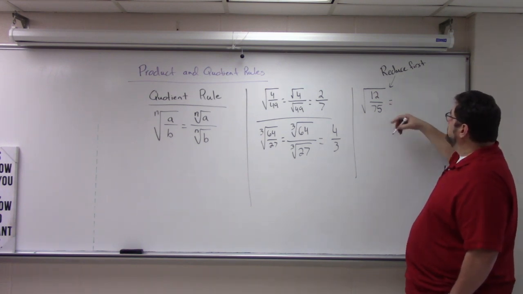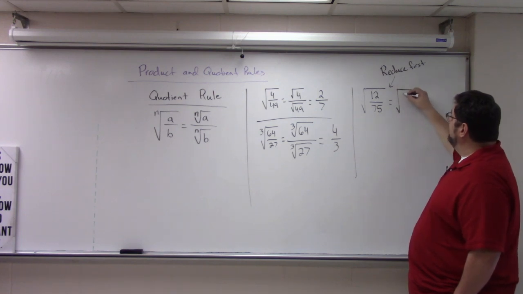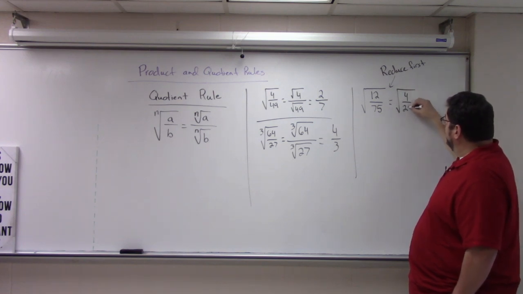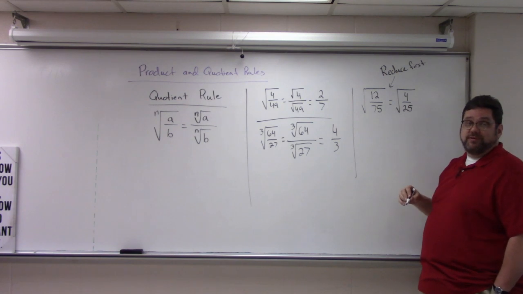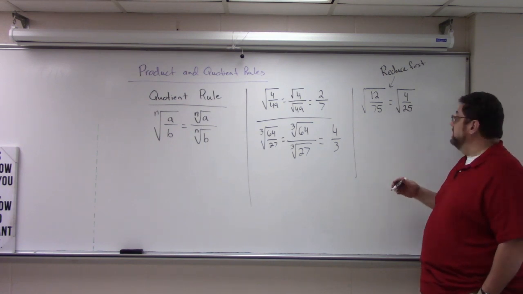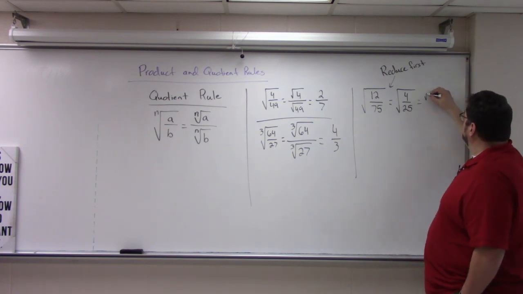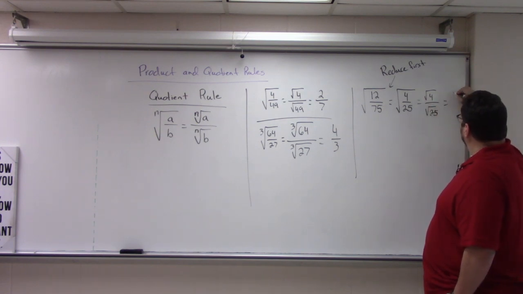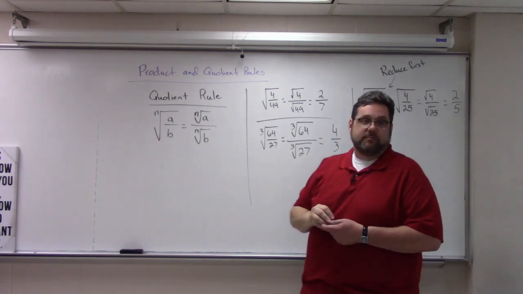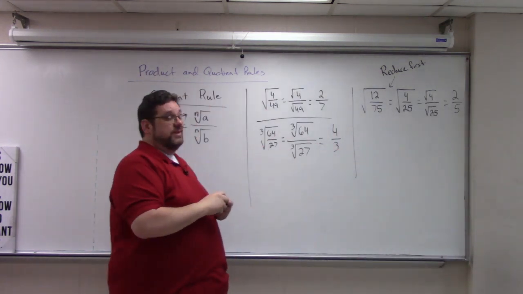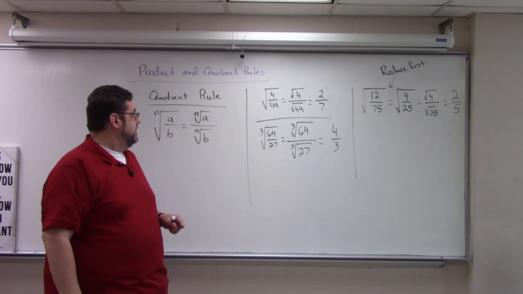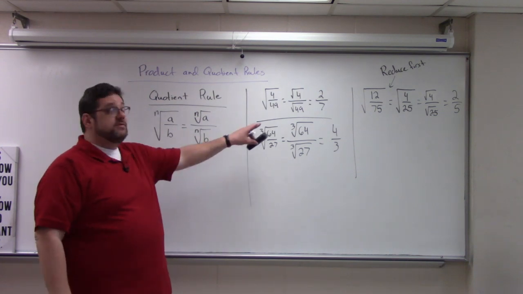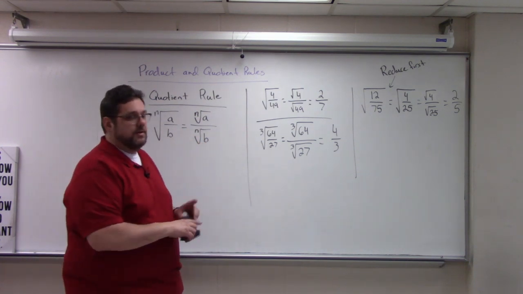So 12 over 75, I can divide both of those by 3 and get 4 over 25 just by reducing the fraction. And then this is going to be the square root of 4 over the square root of 25, which is 2 over 5. All right, and that's the quotient rule. That's really all it means. And this is the way we normally use it.